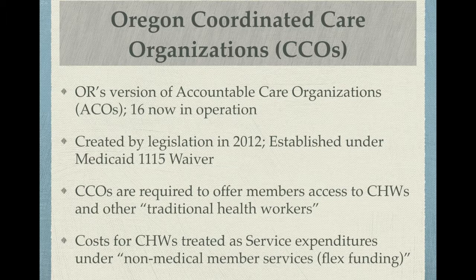As part of state statute, CCOs must offer their members access to community health workers and other traditional health workers, which include occupations such as doulas. The state has formed a commission to define scope of practice and skill requirements for these traditional health workers. Importantly, under the Medicaid waiver, the CCOs are allowed to treat the costs of employing community health workers as service expenditures under a special category called flex funding.